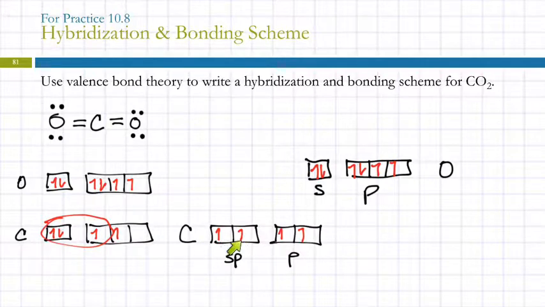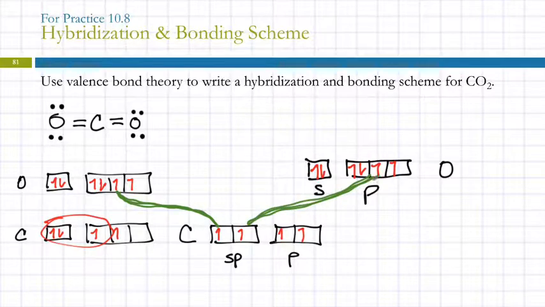So the hybrid orbitals, we're going to take care of those first. So one of these is going to bond with one of the oxygens, so we get an overlap between these two guys. Because these are double bonds, we have to have one sigma bond and one pi bond. And this other one is going to overlap with one of the unhybridized orbitals on the oxygen.